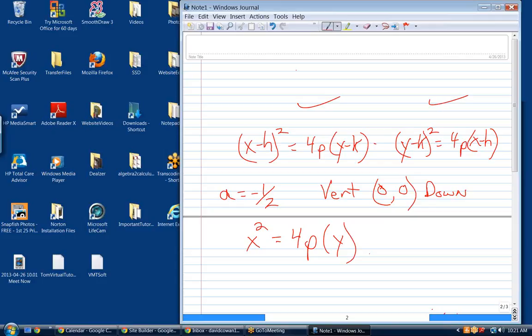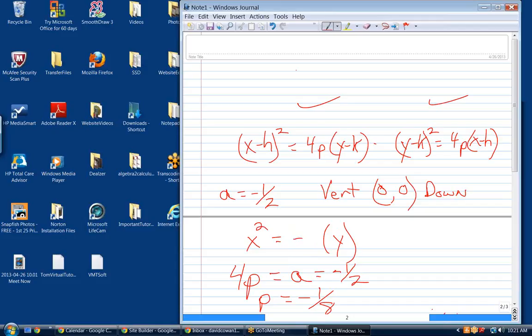And then 4p is equal to A, am I right? Yeah. 4p is equal to A, which is equal to -1/2. So p is equal to -1/8. And so the equation is -1/2 for 4p.